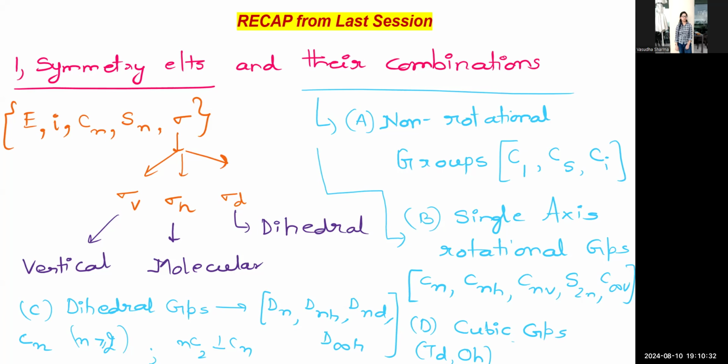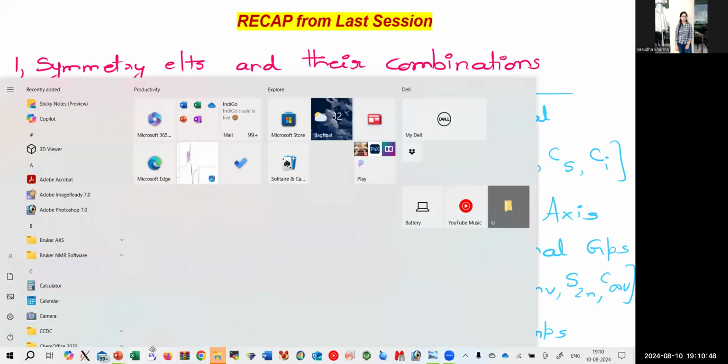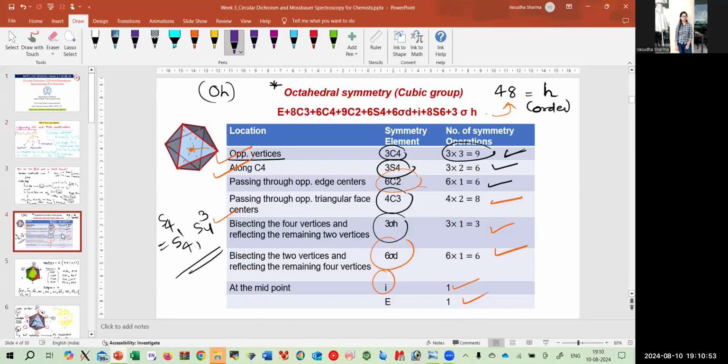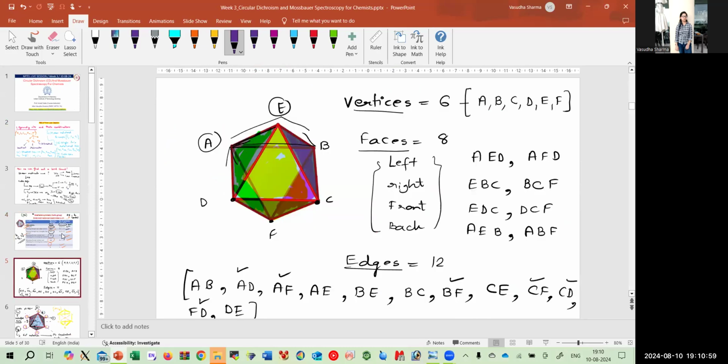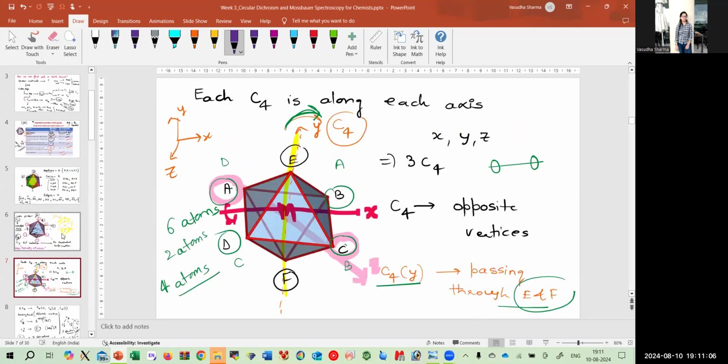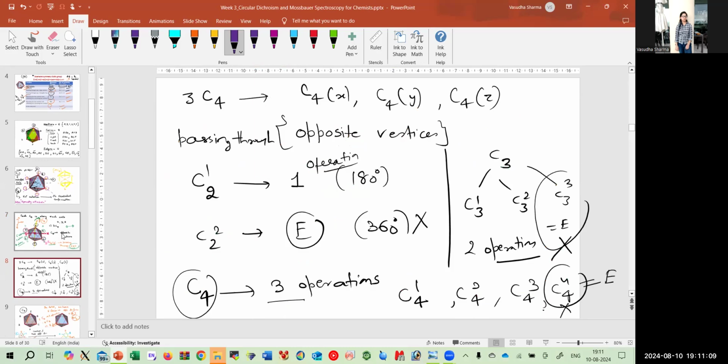We then tried to find all the symmetry elements in octahedral symmetry, which is very important, considering its vertices, faces, and edges, and finding firstly the C4 axis, the highest proper axis of rotation, and how it is passing.